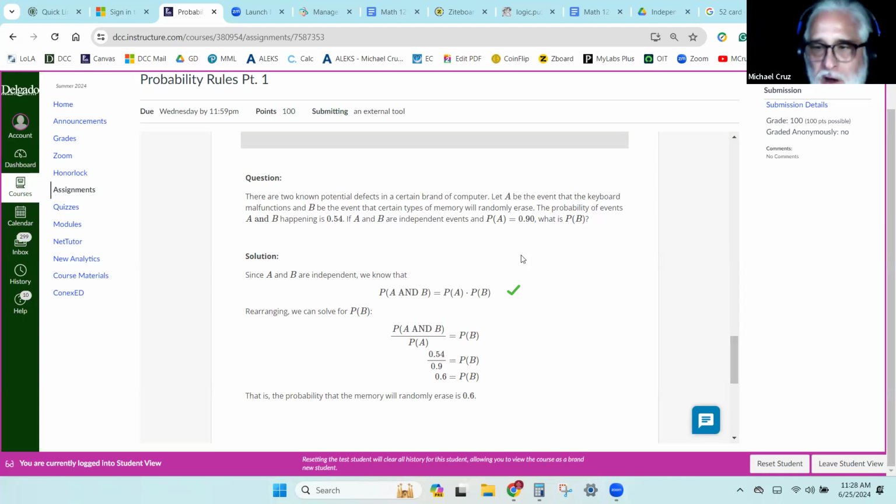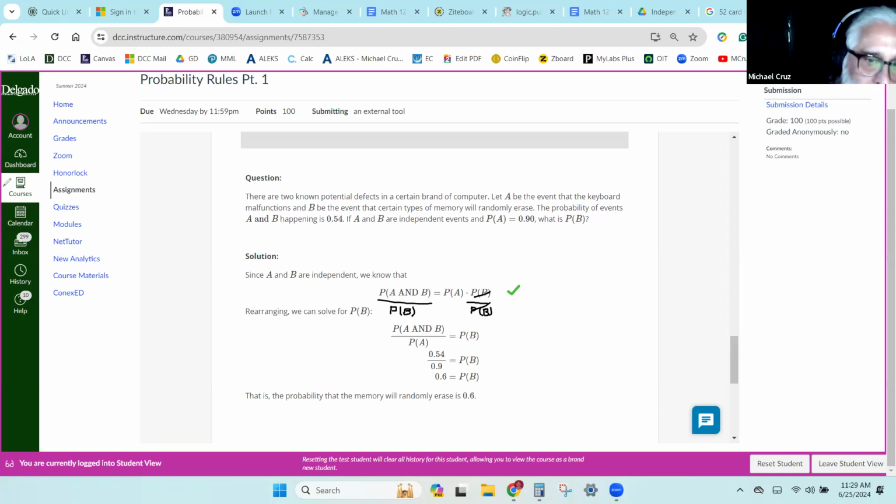Now, if we want to solve for this one right here, what we're doing is dividing both sides by probability of B, just to show you why it happens, because we want to isolate the probability of A. So these two are one now, they're gone. Oops, you know what? I messed up.